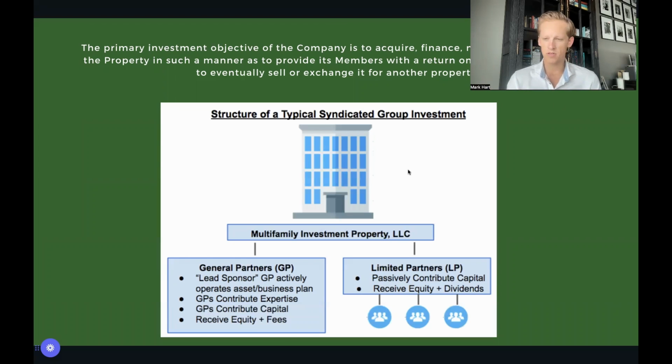So a lot of great perks of having an LLC. Number one is the protection of liability. And then also we're going to name this brand new company that we're starting after the actual property itself. And this new company is going to buy this individual complex, this individual apartment building.